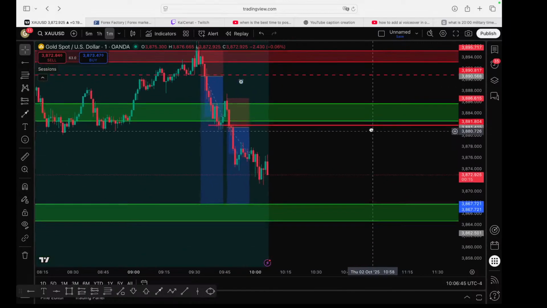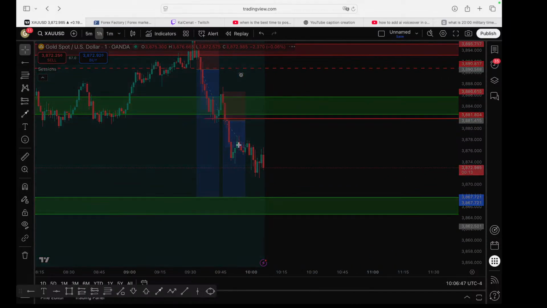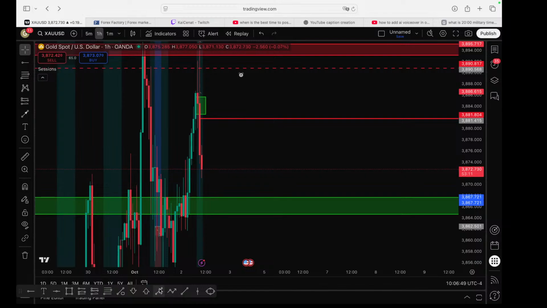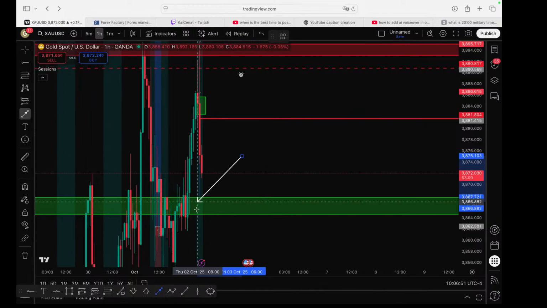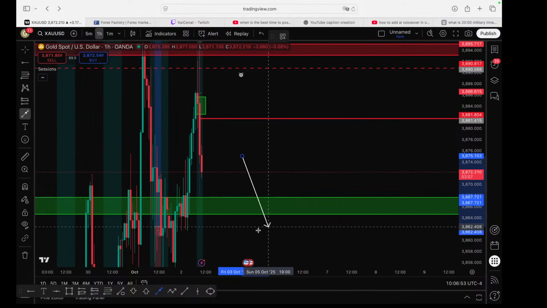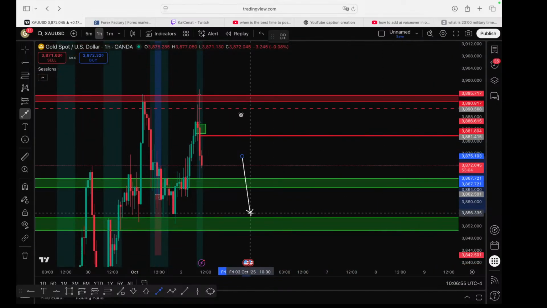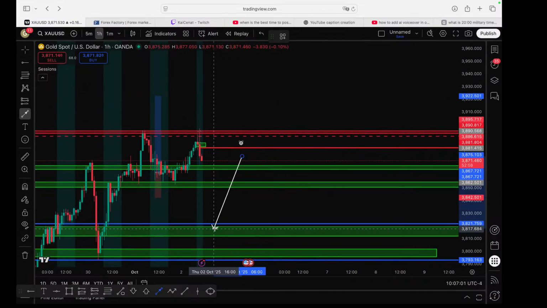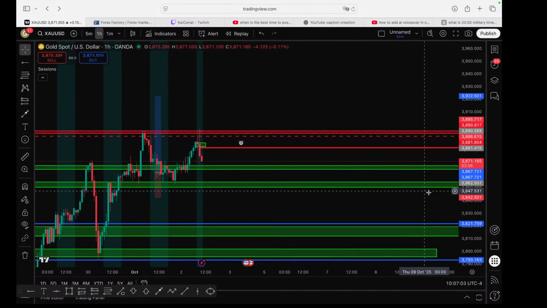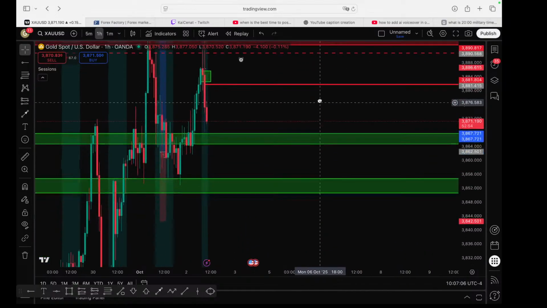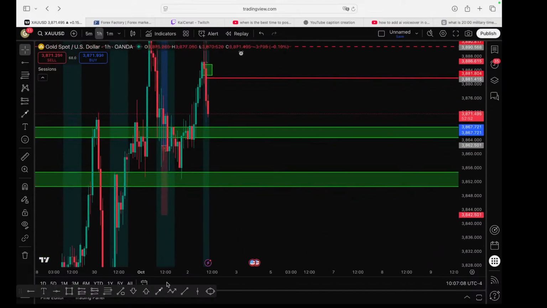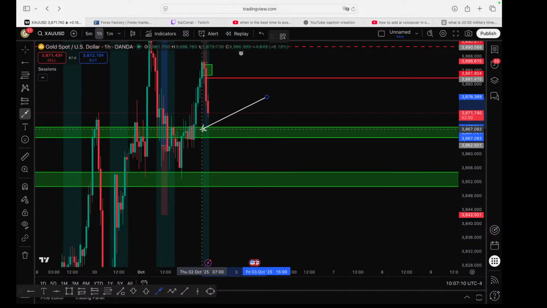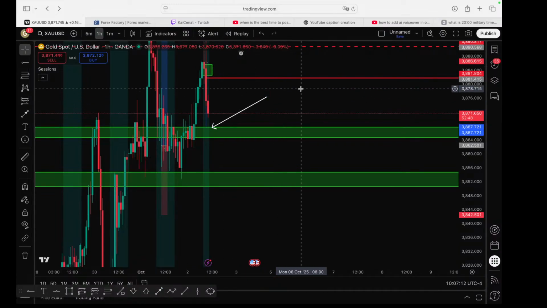Predictions, guys. What do we think is going to happen? Do we think that price is going to come here and reverse? Or is it going to go all the way down here and reverse? Or is it going to come all the way down here? So I'll put in possible plays. Play one is right here.